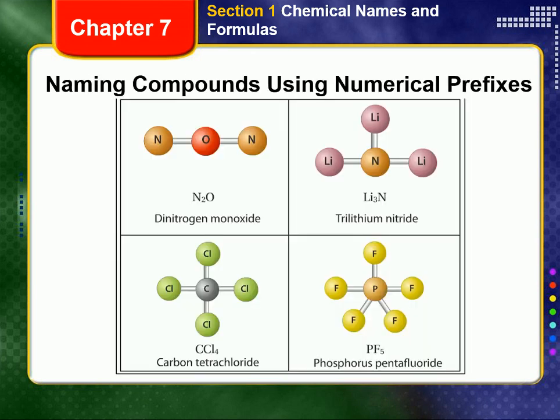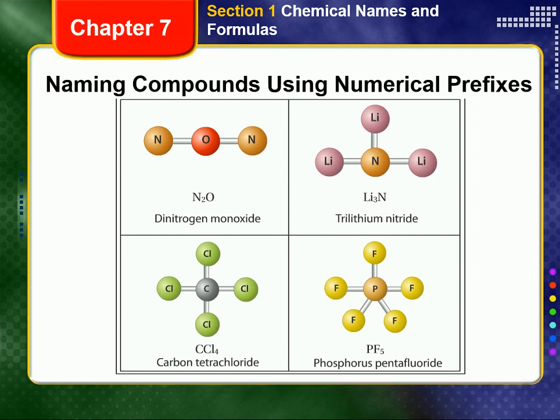When naming compounds using the old system, or the prefix system, we can't use the double check method of using the charges involved to make sure we have the appropriate number of each species, because there are no charges involved. We are telling the reader how many of each species there is.